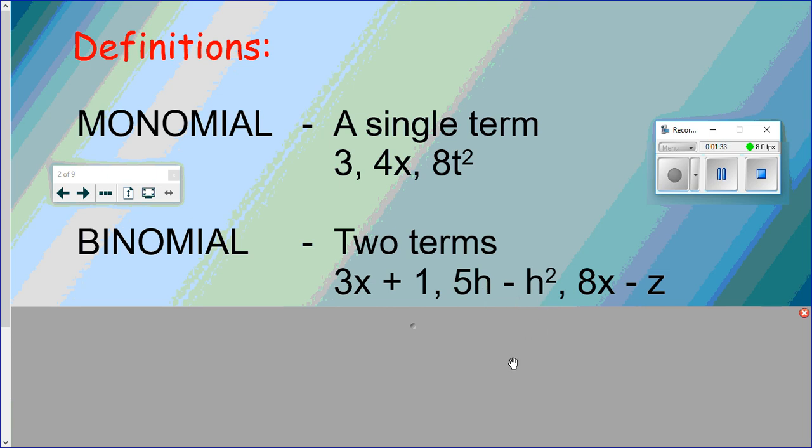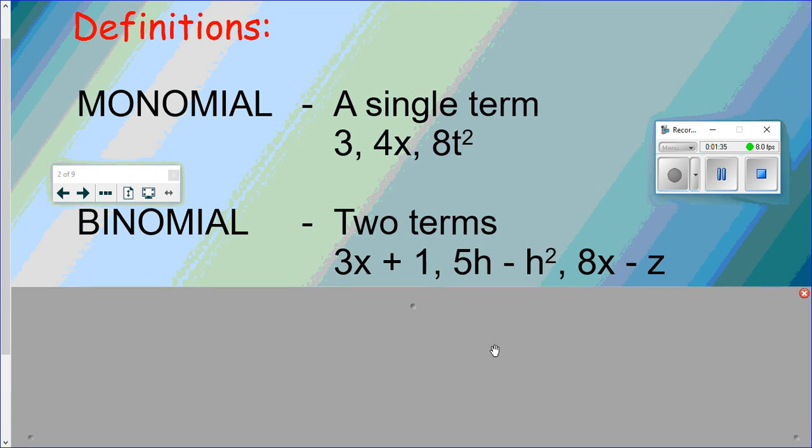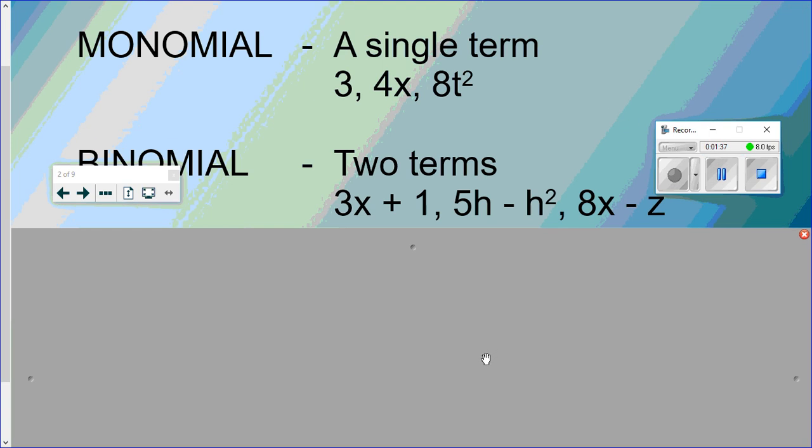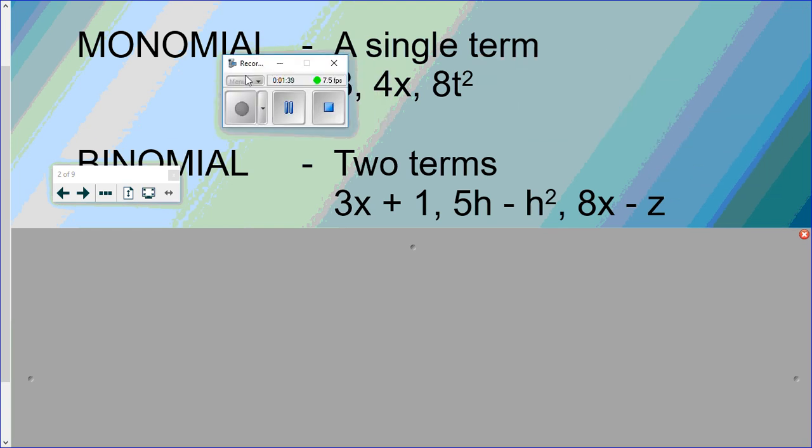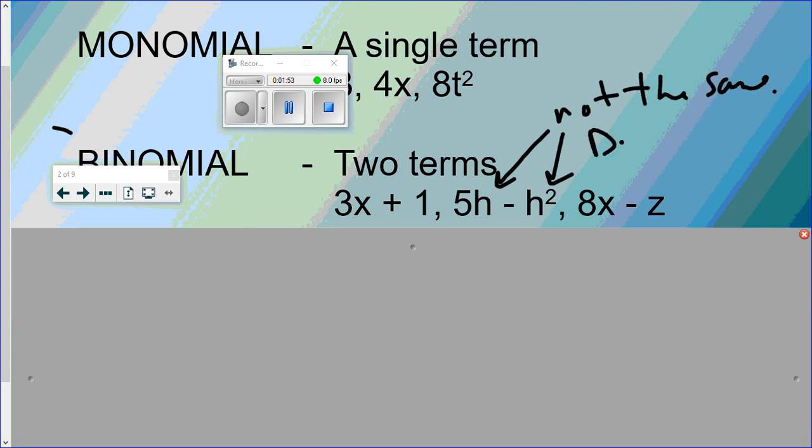One has an h, one has an h squared. So don't make that mistake.